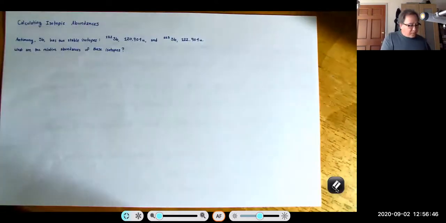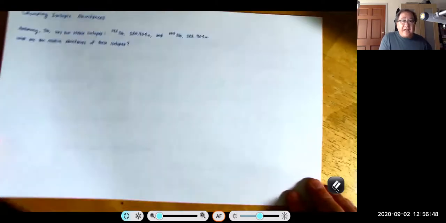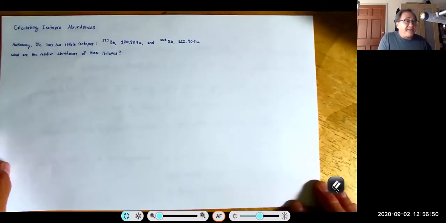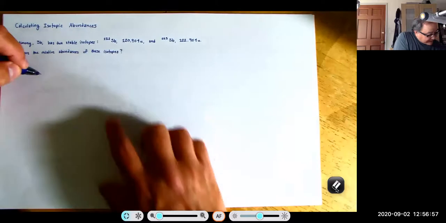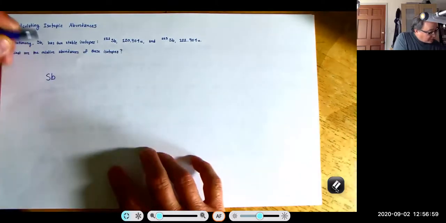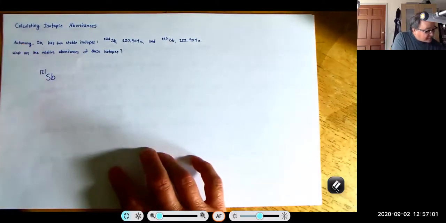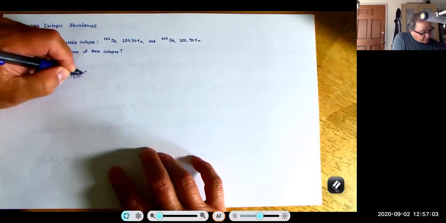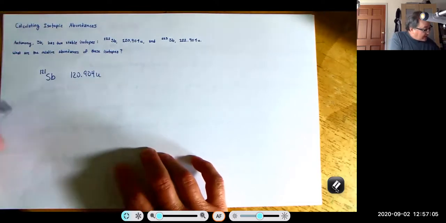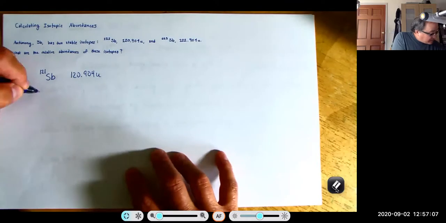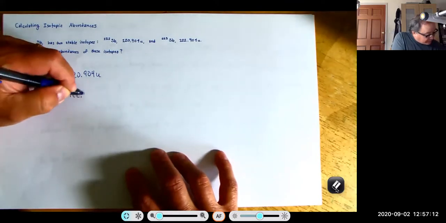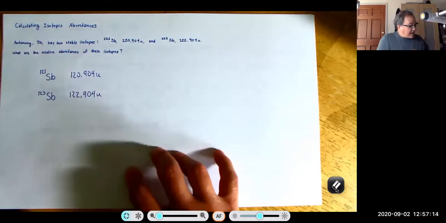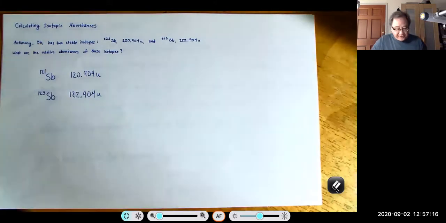Okay, this one is a tougher one, calculating isotopic abundances. So antimony has two stable isotopes. One of them is antimony 121 with a mass of 120.904 U. And the other one is antimony 123 with a mass of 122.904 U. And we're asked, what is the relative abundance of each of these?